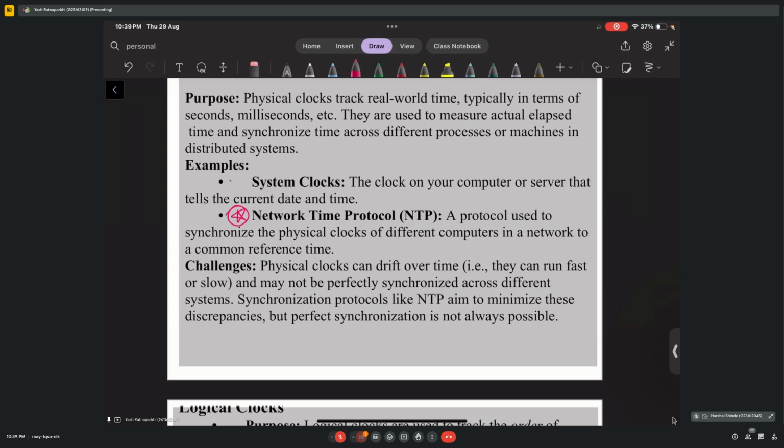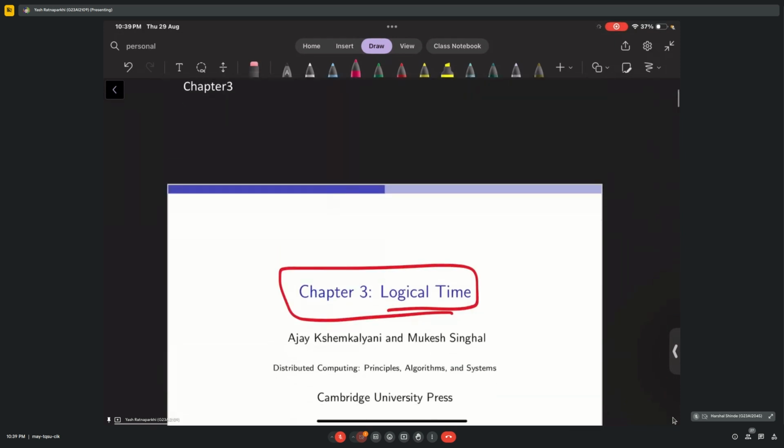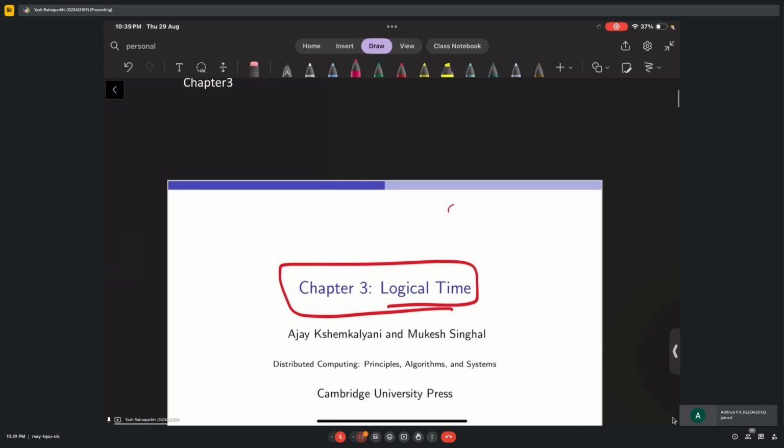Due to this reason, we come to chapter number 3, known as logical time. We had physical time prior, but it had some challenges, due to which it was improved into logical timing.